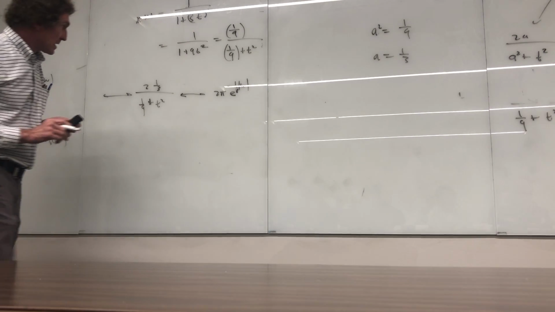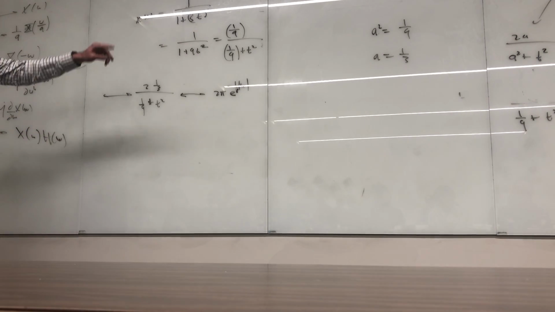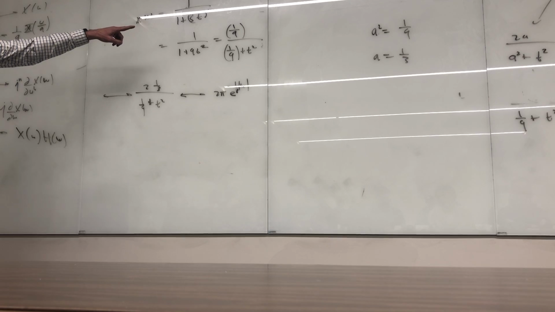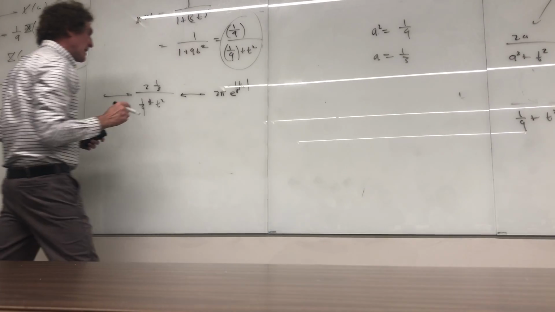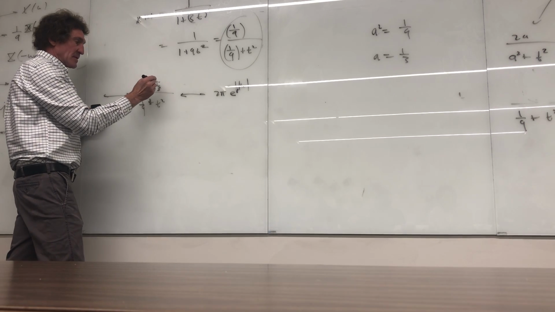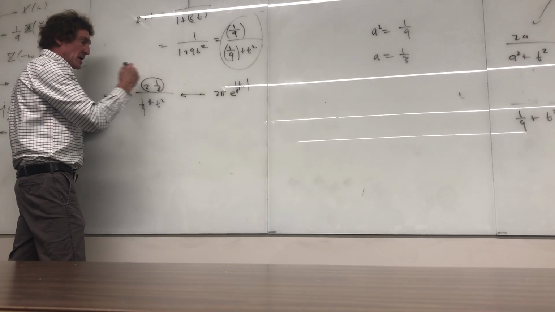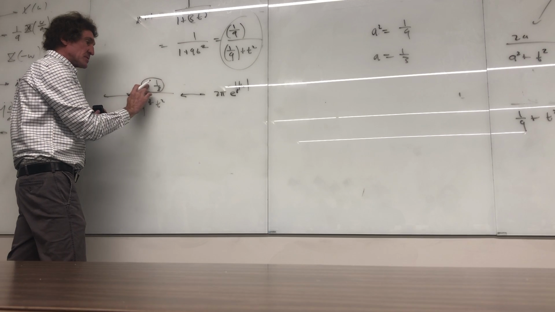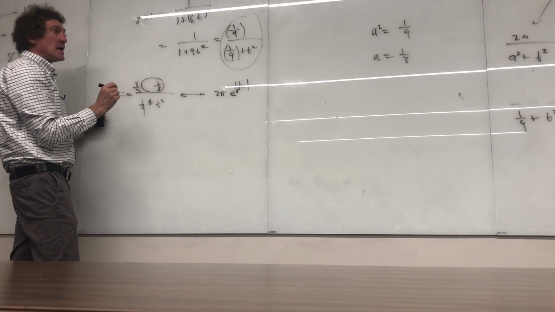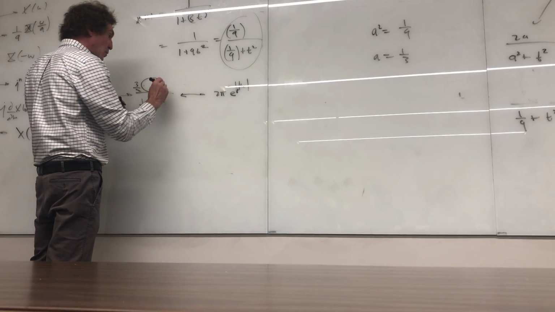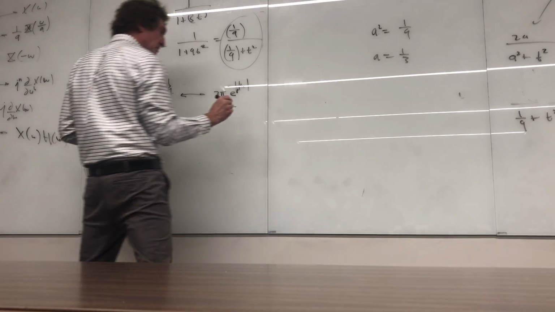And then to get that, I want the 1/9. If I want 1/9, I have to take this and first multiply by the inverse of 2/3. So I multiply by 3/2, and then I multiply by 1/9, right?